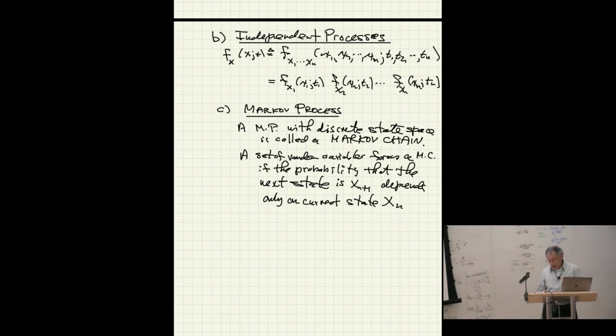Now that's a very powerful statement. By the way, if you think of a simpler system, it could be that the probability that the next state is Xn doesn't depend upon any previous state. Toss a coin. This says the next state is going to depend upon where you started from.